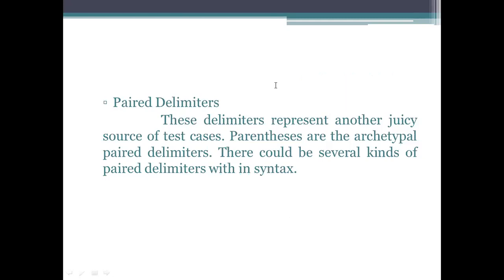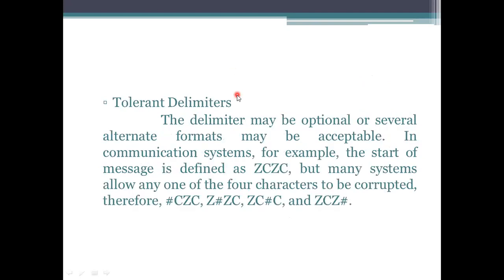And the last one here is the tolerant delimiters. Tolerant delimiters here means these delimiters or the processing we are using will be tolerable. So here we are using an example, which is a format.